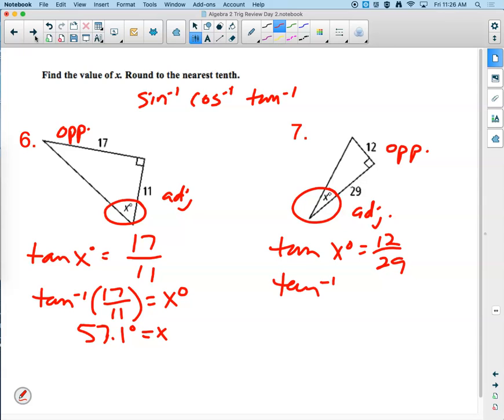And we'll do inverse tangent of 12/29 to get x degrees. 22.5 is the number of degrees. So now that we're done with that one, you would be able to complete the one that says homework 1 through 6. But we're going to go on.